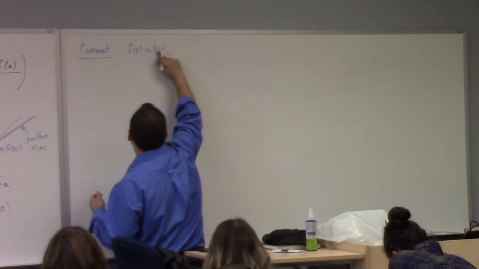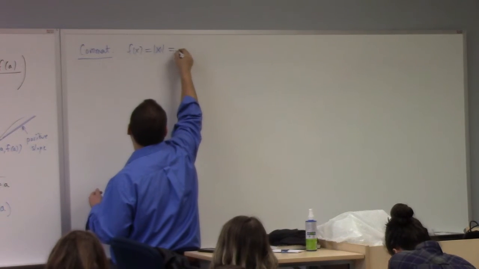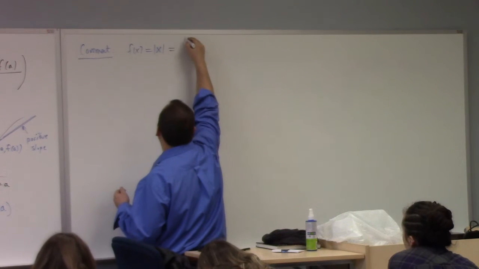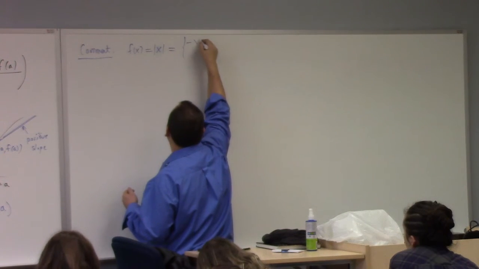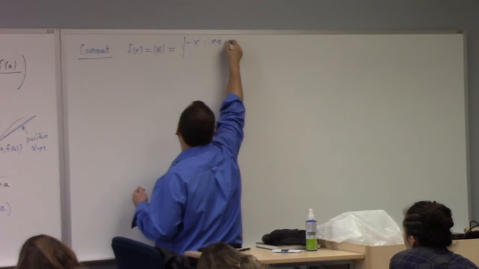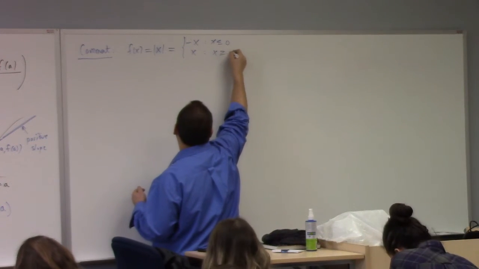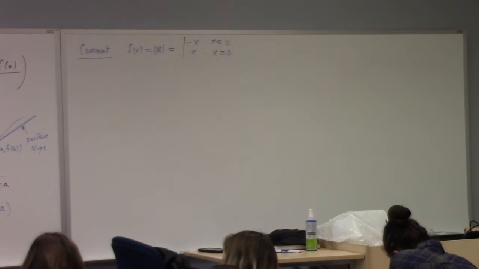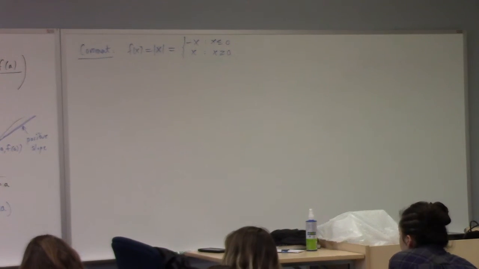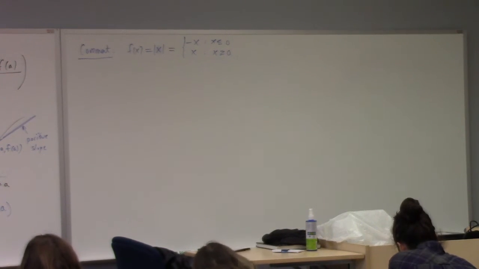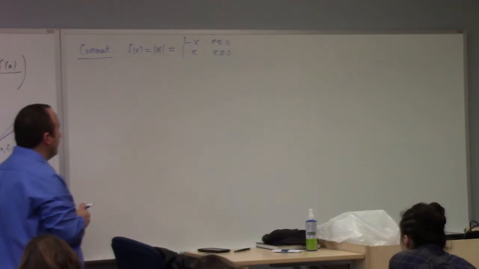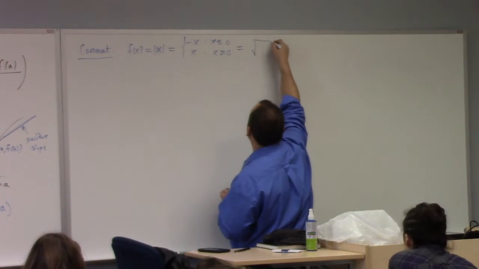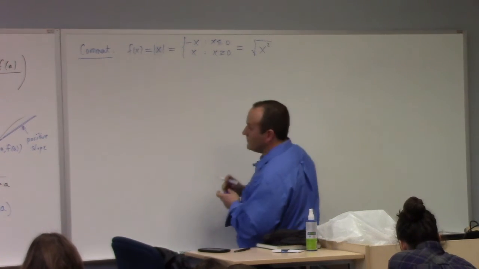So can you tell me a formula for absolute value? The case-wise one is one thing you could say: minus x if x is less than or equal to 0, x if x is positive. Can you tell me an algebraic formula for the absolute value function, though? Anybody know? Fun fact, it's the square root of x squared.